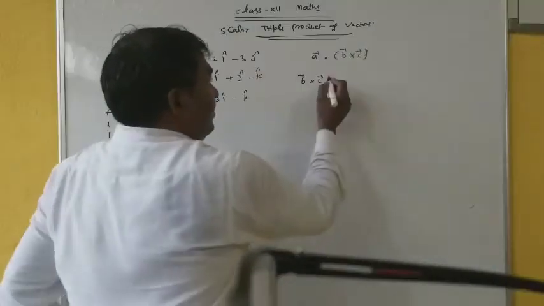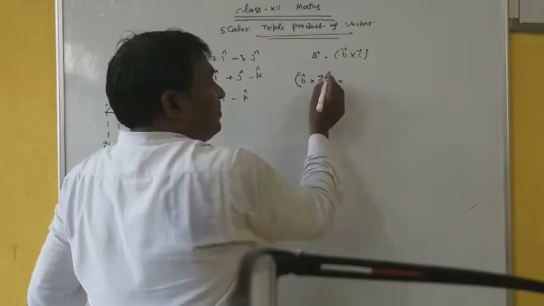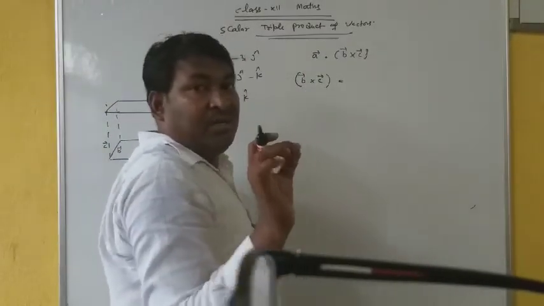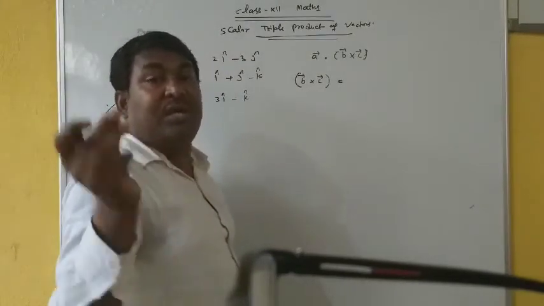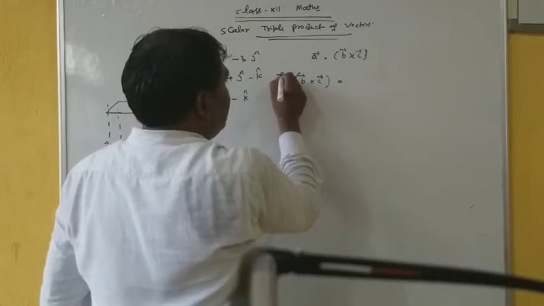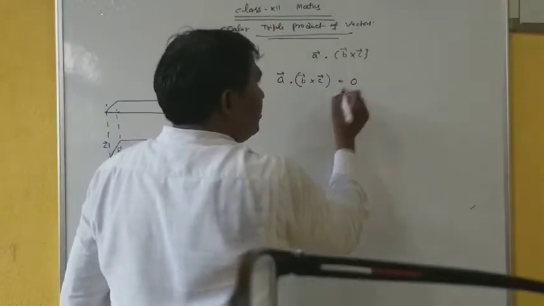That means if vector B cross C is perpendicular to A, then by the condition of perpendicularity, if two vectors are perpendicular, their dot product must be equal to 0. Hence, vector A dot vector B cross C should be equal to 0.